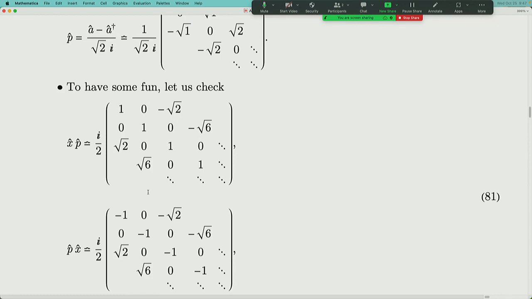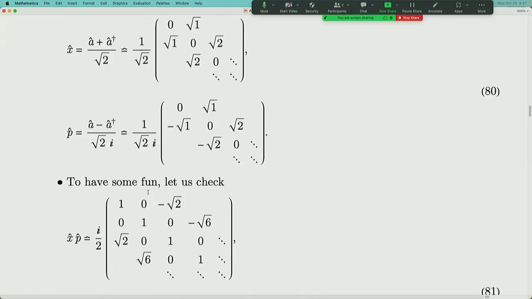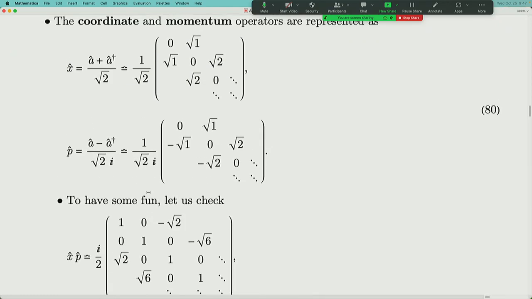But the non-commutativity, you can see, is only on the diagonal. There are some off-diagonal matrix elements, that's true, but these off-diagonal matrix elements that go like square root 2, square root 6, and minus square root 2, minus square root 6 are identical between these two different ways of multiplying position and momentum operators together. The only difference is on the diagonal. This is all 1, and this is all minus 1. This turns out to be the case. If you really multiply these two matrices together, they have that form.